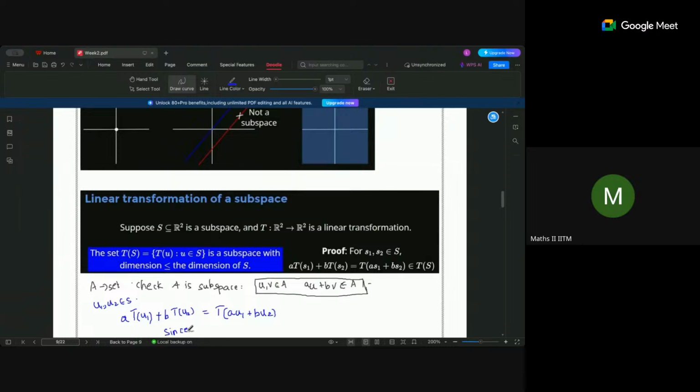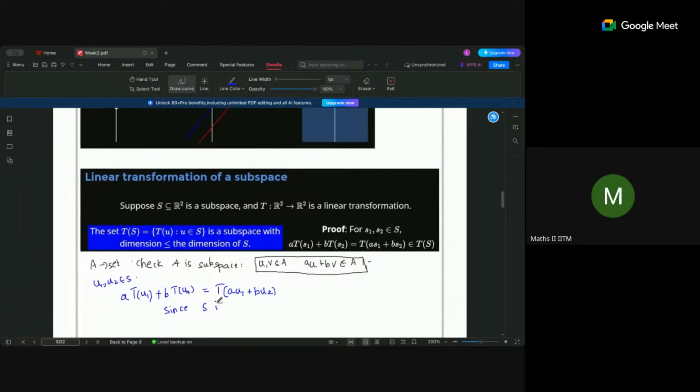Now, since S is a subspace, this property holds: a u1 plus b u2 belongs to S. Is that true or not? True. So a u1 plus b u2 belongs to S. What about T of (a u1 plus b u2)?